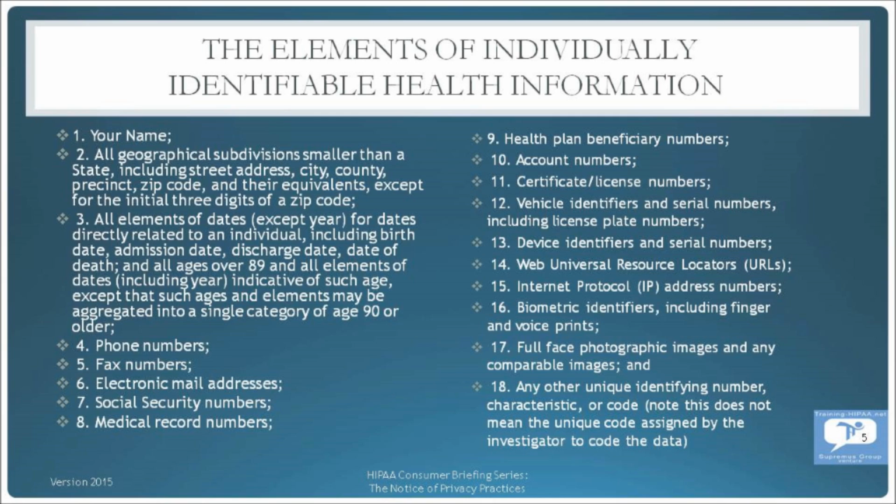It also includes your Social Security number, a medical record number, and various other identifiers to the tune of a list of about 18 different elements. Some of these elements will be in the Protected Health Information, or PHI. All of them are contained within what we call individually identifiable health information.